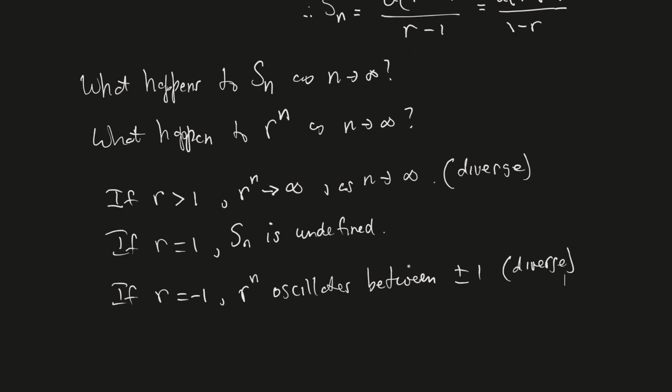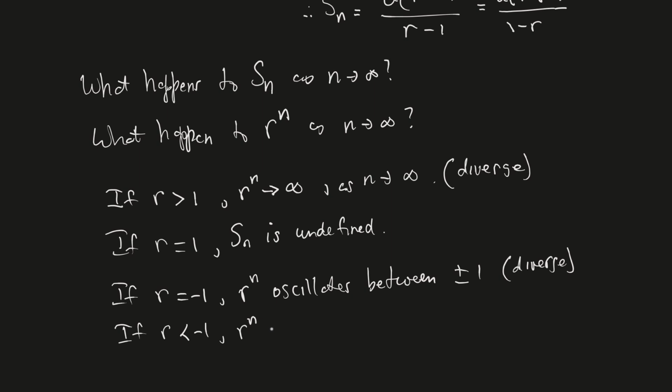And then what if your r is less than negative 1? So if r is less than negative 1, then r to the n, again, is going to oscillate, but it's going to oscillate between plus or minus infinity. Because you'd have a negative number, but then you're either raising it to something that's even or odd.